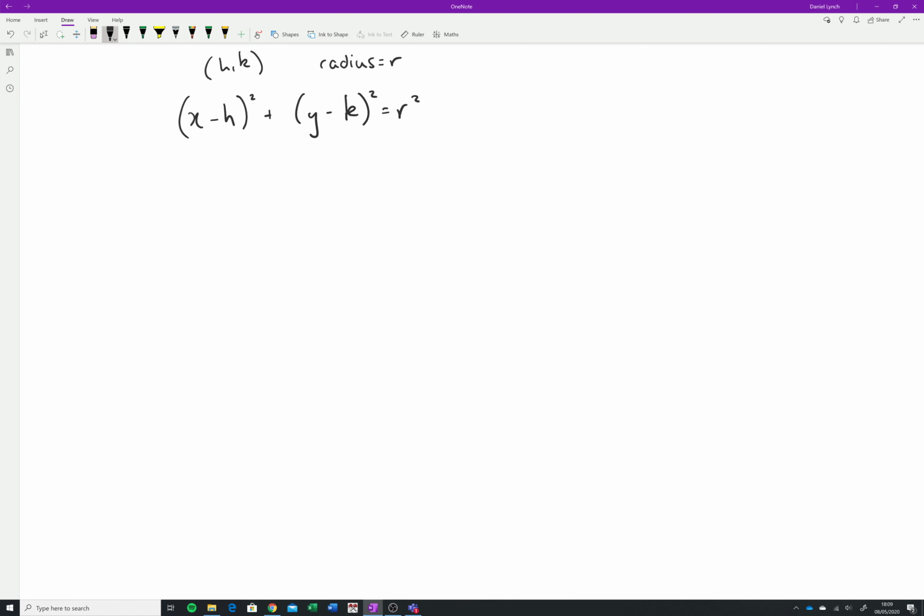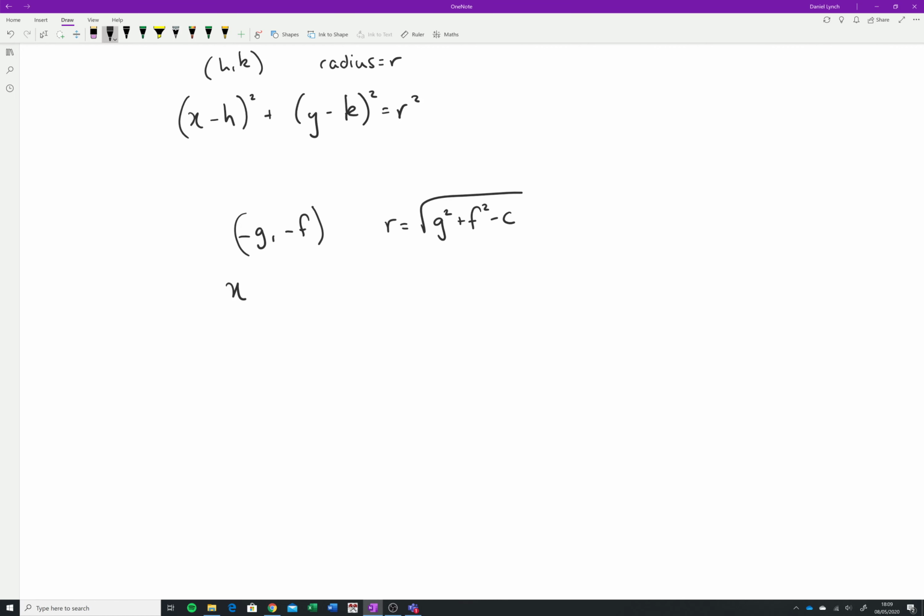Maybe I'll tell you what it is first and then show you how it's derived. This new equation that we're going to use, it's not so nice, is when you have a center which is (minus g, minus f), and a radius equal to, hold your hats, the square root of g squared plus f squared minus c.